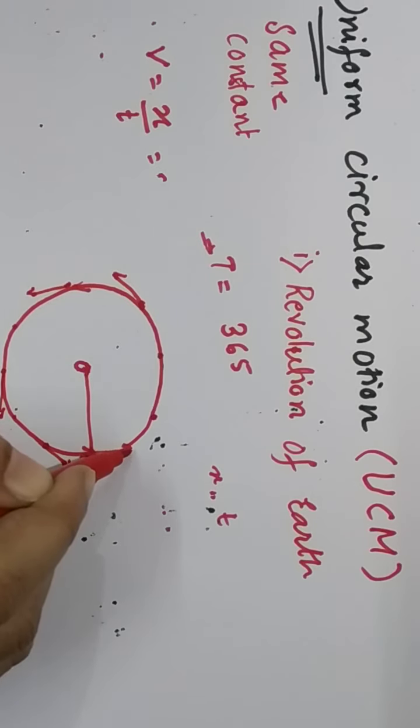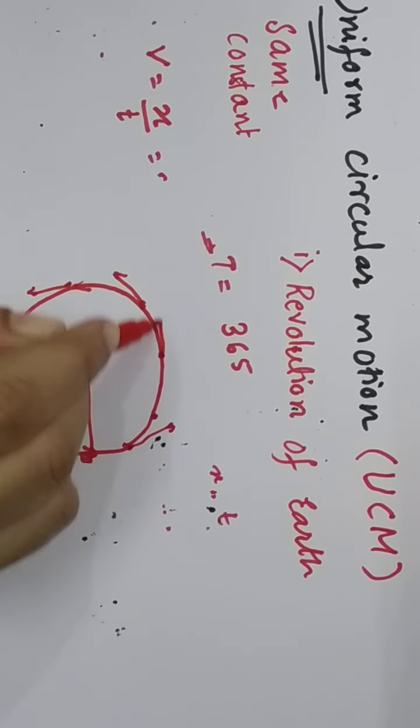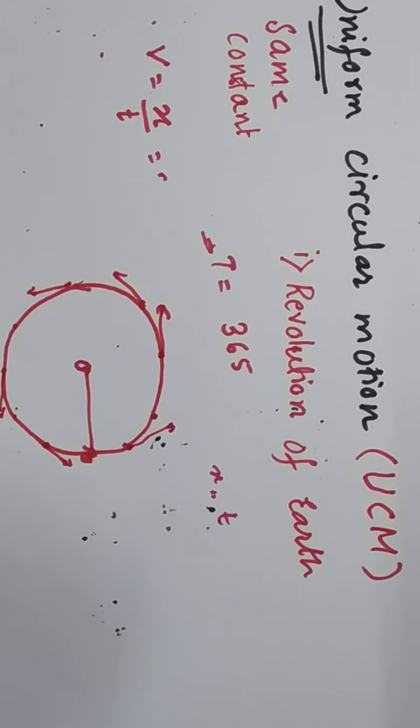So velocity is not the same, but speed is the same. So we will say that it is motion of the particle along the circumference of a circle with constant linear speed, not the velocity. Velocity will go on changing throughout the circle.